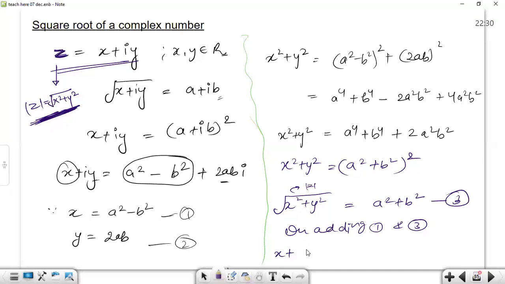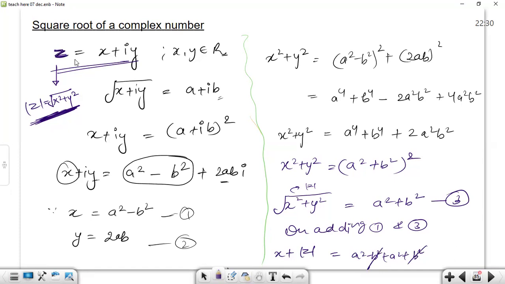So x plus modulus of z is equal to a square plus b square plus a square minus b square, where b square cancels. That becomes 2a square.